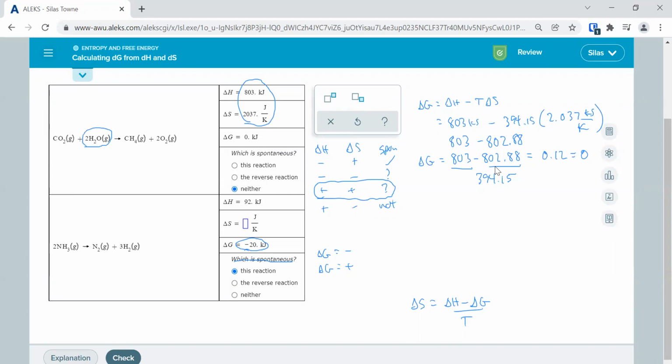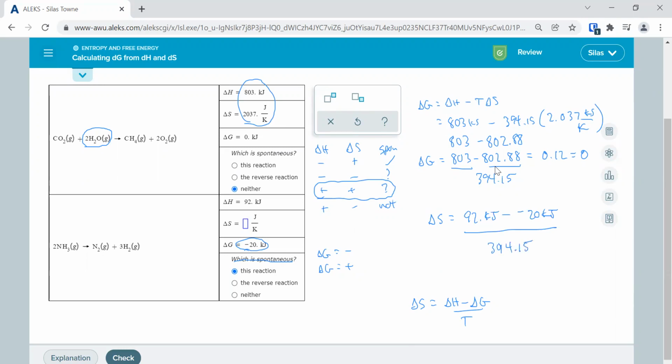This one we're going to rearrange. We've got delta S equals delta H, so 92 kilojoules minus a negative 20 kilojoules over our 394.15.